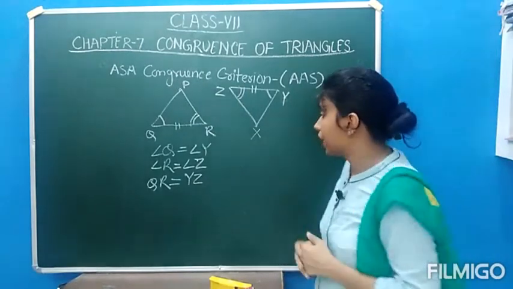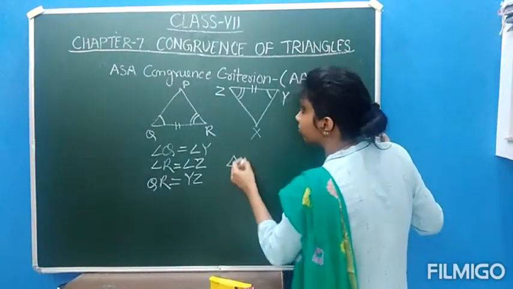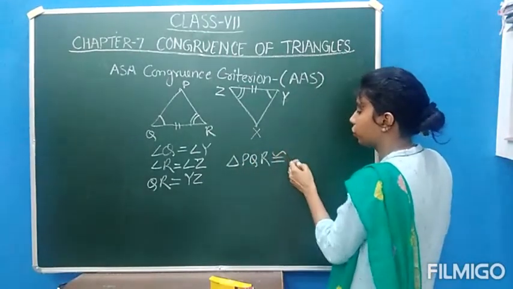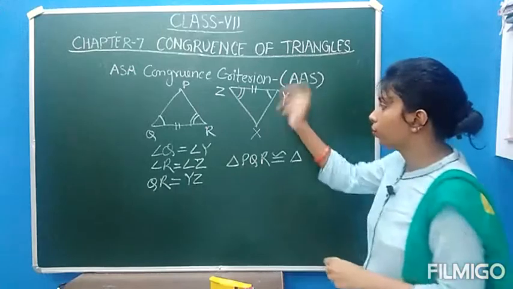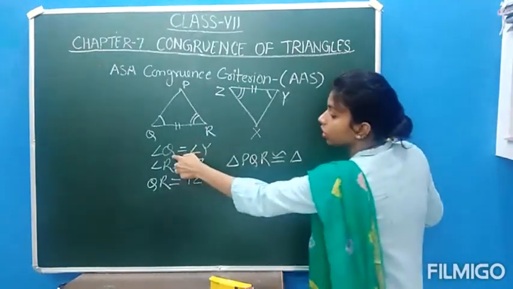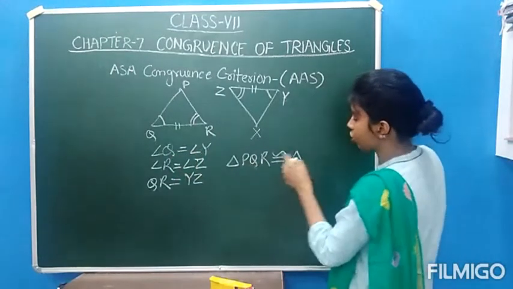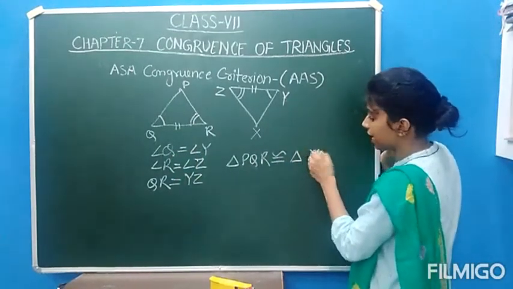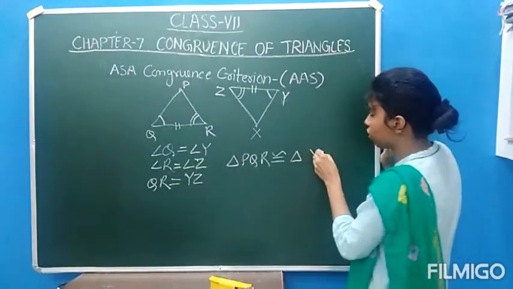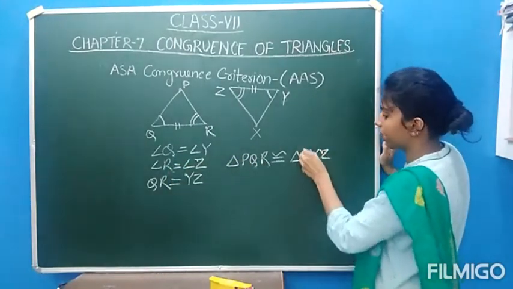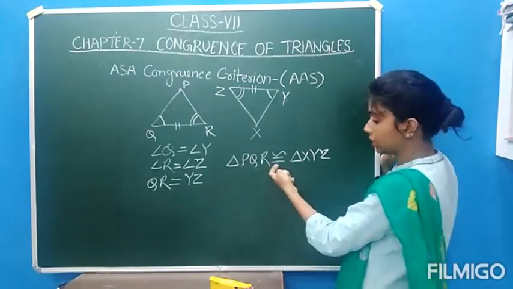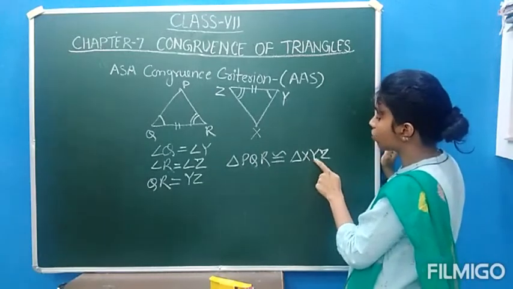So we can say that triangle PQR is congruent to triangle, and we have to write the corresponding angles. Q is in the middle, so Y is also going to be in the middle, and R is at the end, so Z is also at the end, so we have X. So triangle PQR is congruent to triangle XYZ.